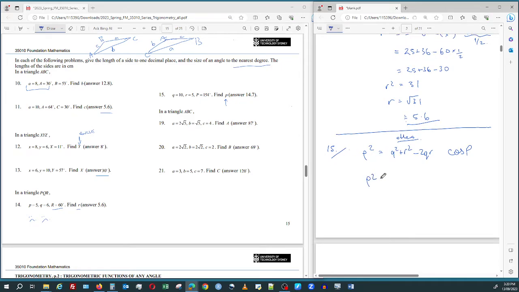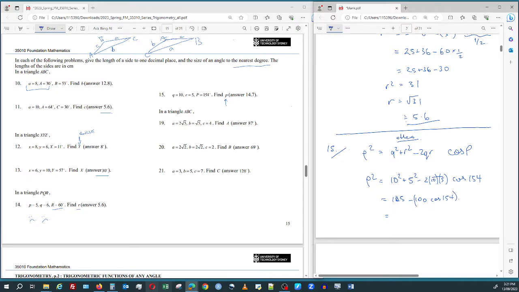P squared is equal to 10 squared plus 5 squared minus 2 times 10 times 5 times cos 154. Okay, you got me. I don't know what cos 154 is. 100 plus 25 is 125. 50 times 2 is 100, minus 100, but you've got to do the cos 154 first. So put it in the bracket.